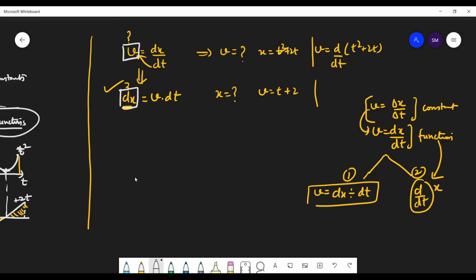This is the first thing you need to do. Now the second thing, if this is the whole velocity you have and this is what you need to find, simply do the derivation. But here you are not supposed to find dx, you are supposed to find x. So you need to add all these small infinite dx. They are infinite.